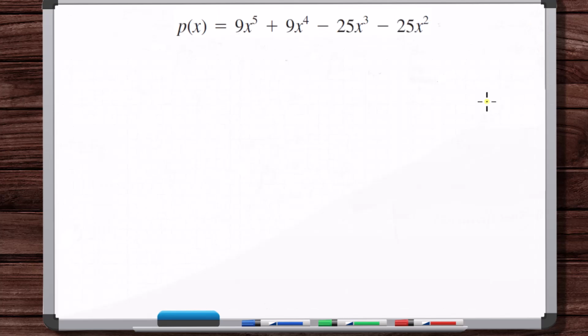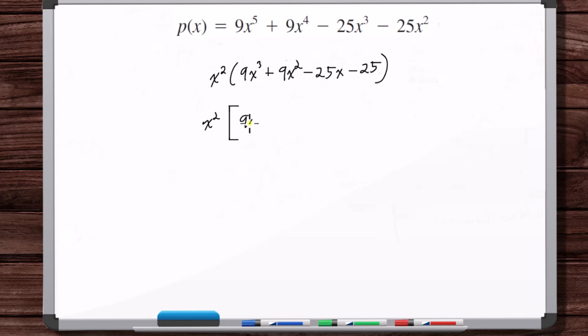Okay, let's start by factoring this. So we want to take out an x squared: 9x cubed plus 9x squared minus 25x minus 25. Okay, now we've got a 4-term expression. Anytime we have an expression with 4 or more terms, we want to start by thinking about grouping. And it looks like the right terms are already paired together, so let's take out a 9x squared from these 2 terms and a minus 25 from these 2 terms.